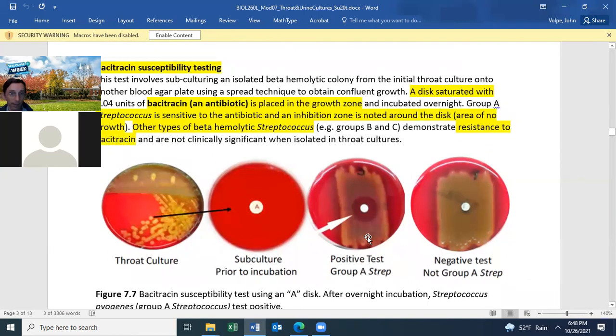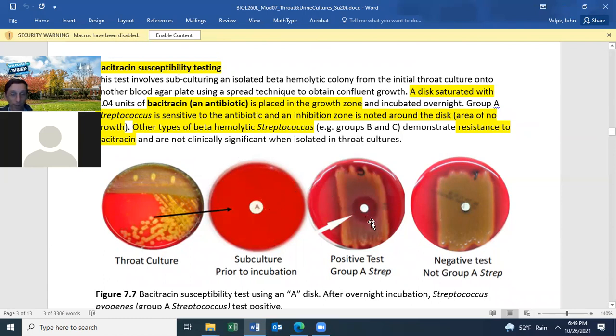It's sensitive to bacitracin. So here's a disc where we take the bacteria that was grown here and then spread it in this region of the disc. Generally they grow it on the blood agar plate. And then you put the paper disc containing the bacitracin down.